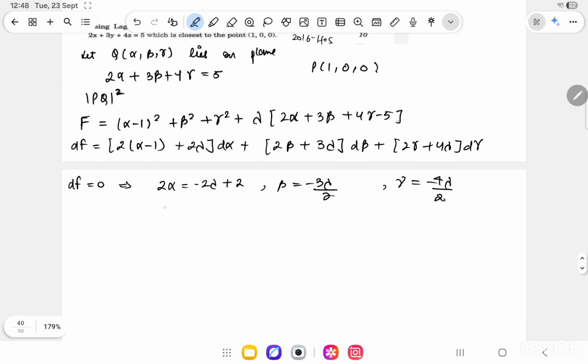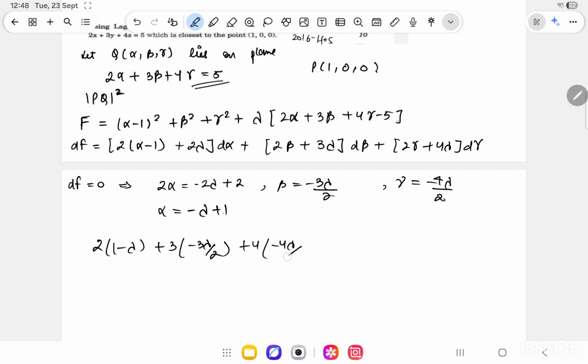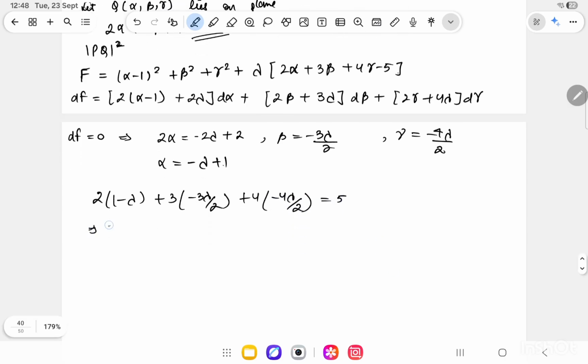Now if I plug in the values of alpha, beta and gamma in this relation, I'll be left with 2 into 1 minus lambda plus 3 into minus 3 lambda by 2 plus 4 into minus 4 lambda by 2 equals 5. 2 minus 2 lambda minus 9 lambda by 2 minus 8 lambda equals 5.